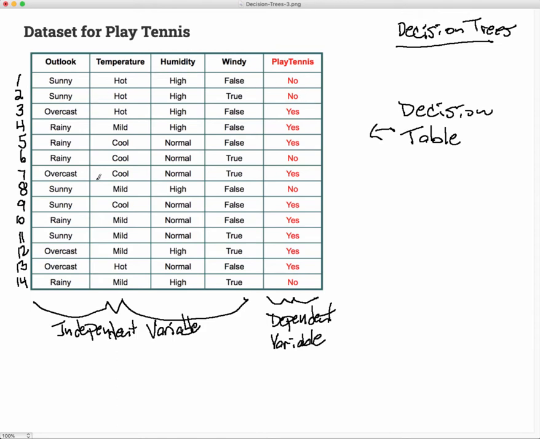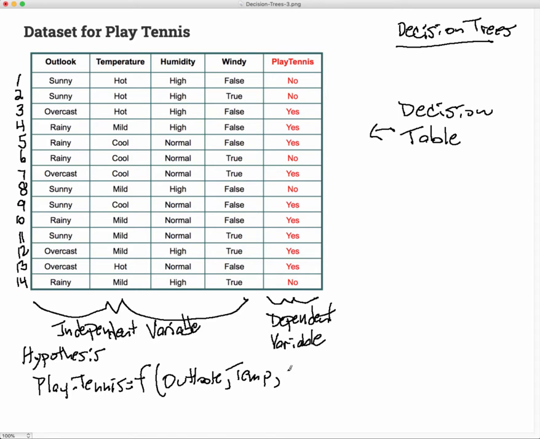So there's a little bit of vocabulary here that we have to do. First of all, notice that we are making a very big assumption, or I should say there is a hypothesis that we are making here. And the hypothesis looks like the following, that we are somehow saying that play tennis is a function of outlook and temperature and humidity and windy.